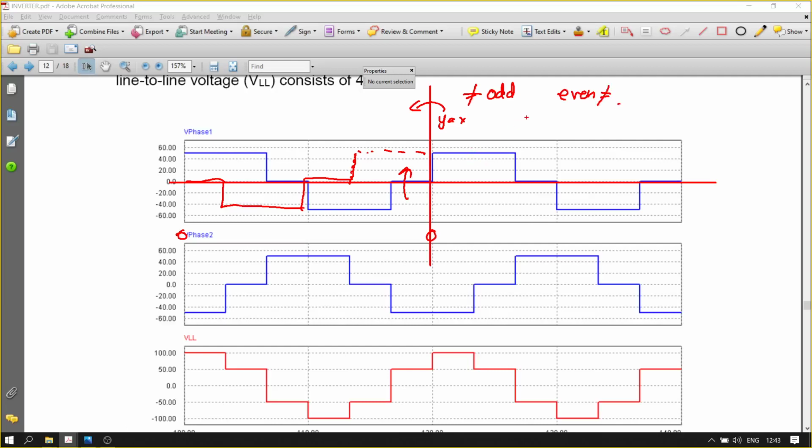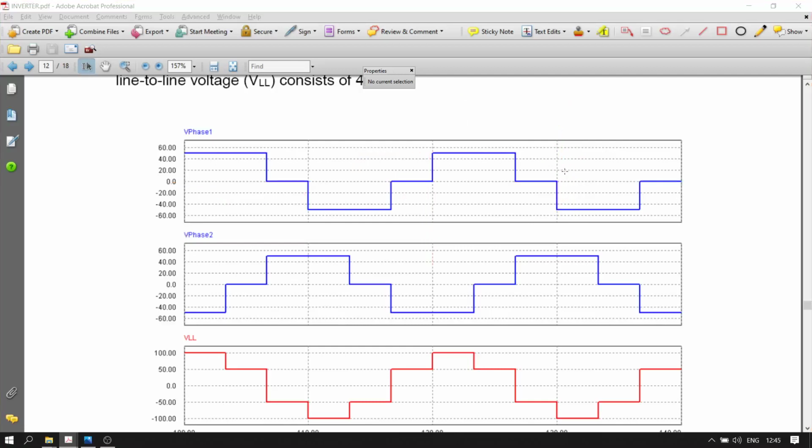What about the half wave waveform? How to identify whether this waveform is half wave? You have to shift to the left by half cycle. So let's see, this is half of the waveform. Okay, I'm going to redraw that again.